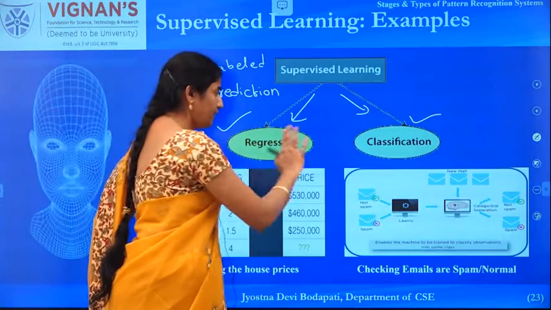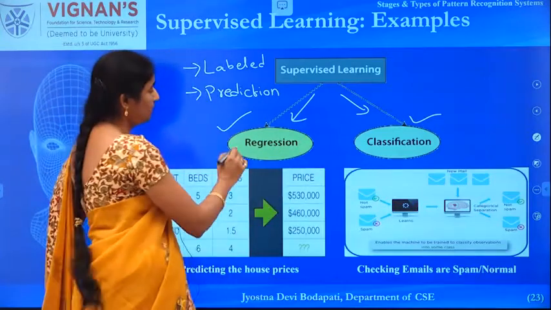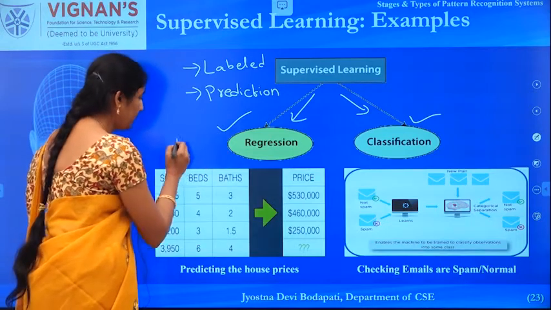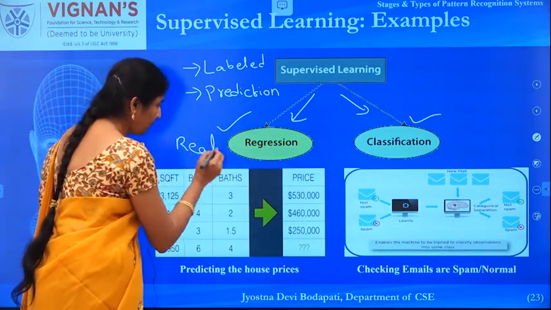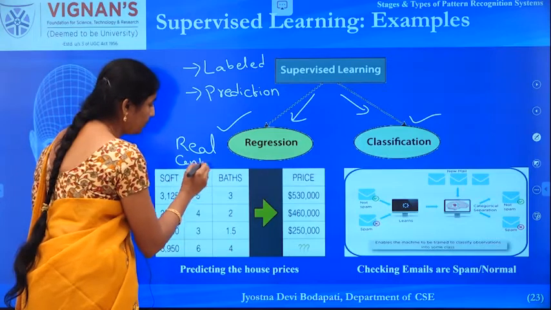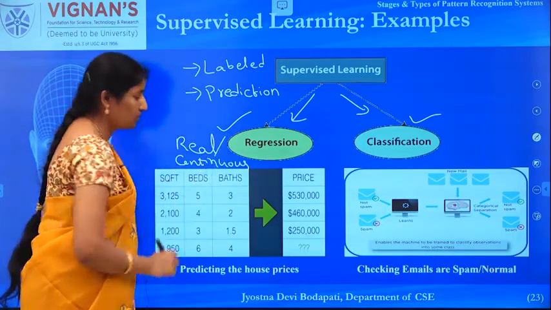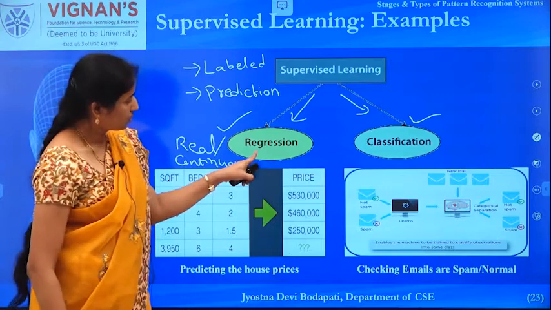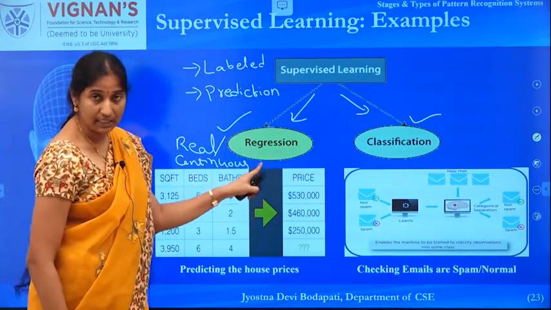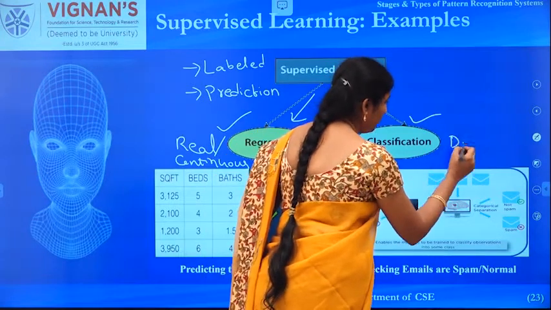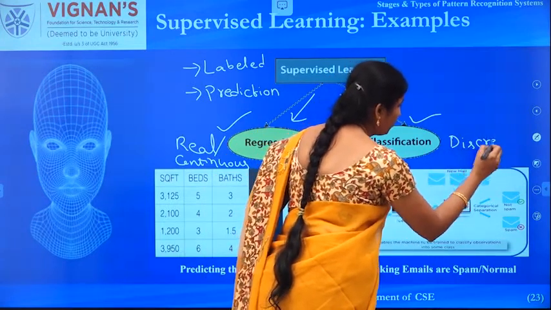But how they are different is, in the case of the regression model, the value produced by the model is a real value, or you can call it a continuous value. If the model is predicting a continuous or real value, then such a prediction is called regression. Whereas in the case of classification, your model is predicting a discrete value.